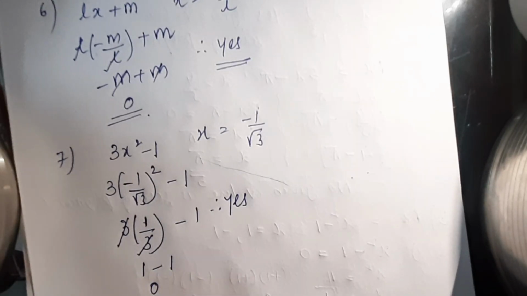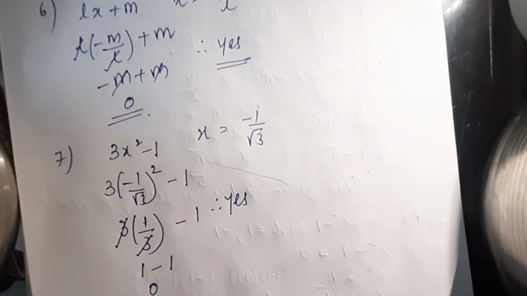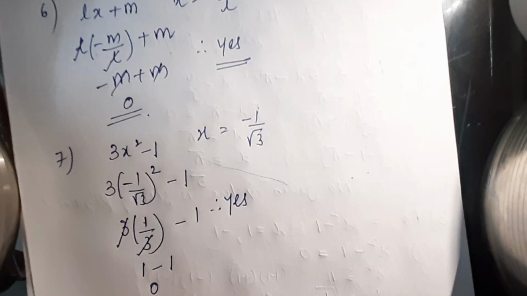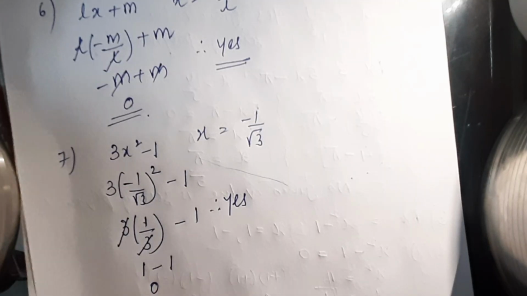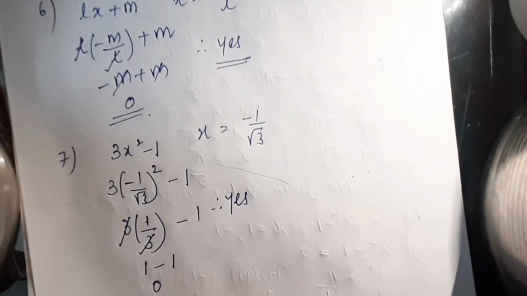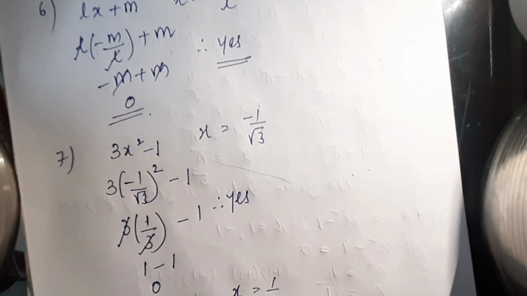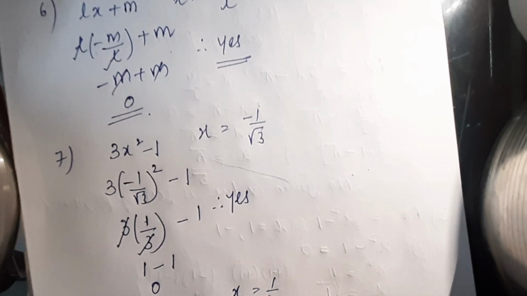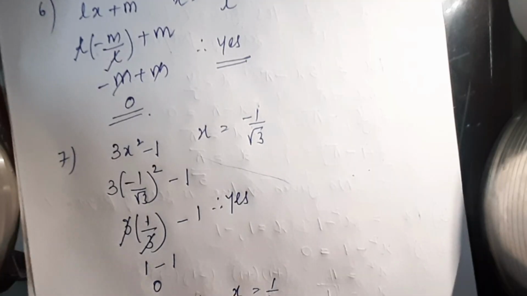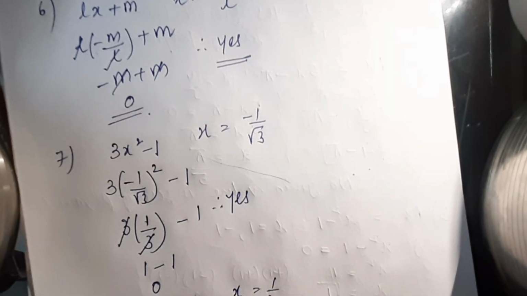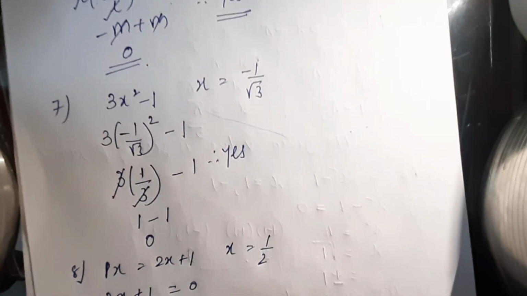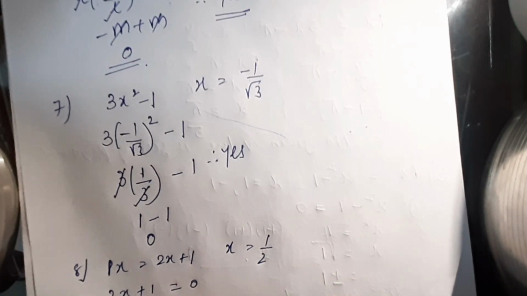Now the last question of this question number 3. So the last, 8th question is given. P of x is 2x plus 1, where x is given as 1 upon 2. So let's start with the previous method where we were comparing it with 0. Both methods are there; whatever you feel is easy or convenient, follow that one.